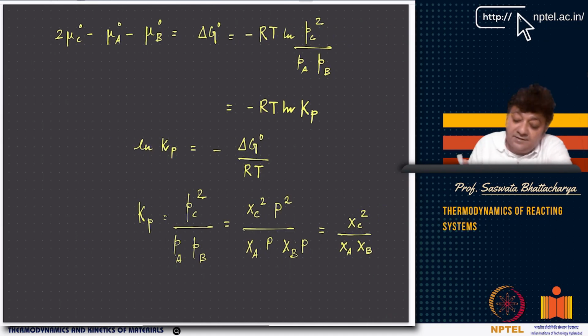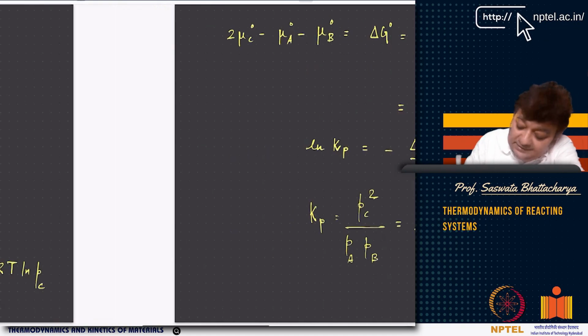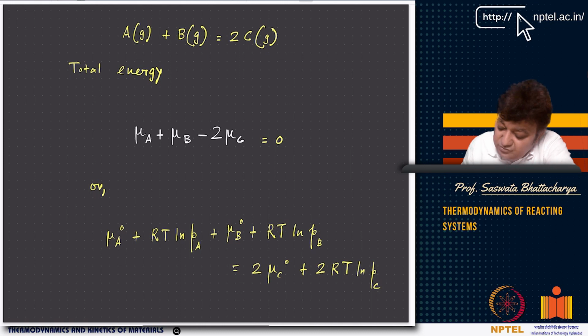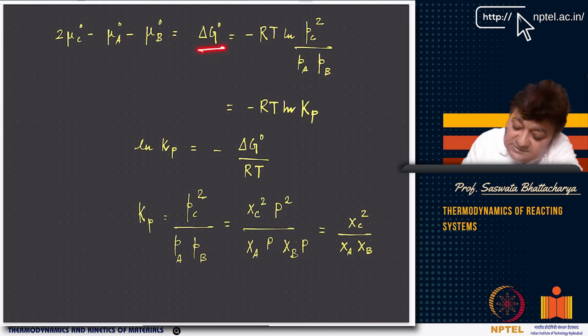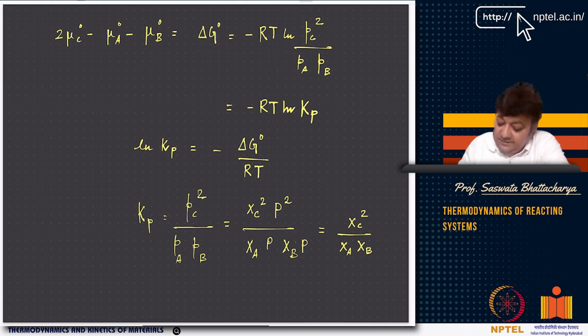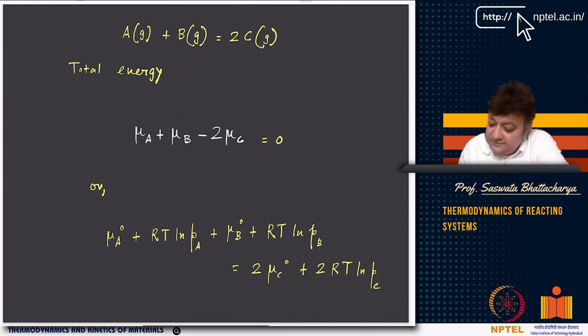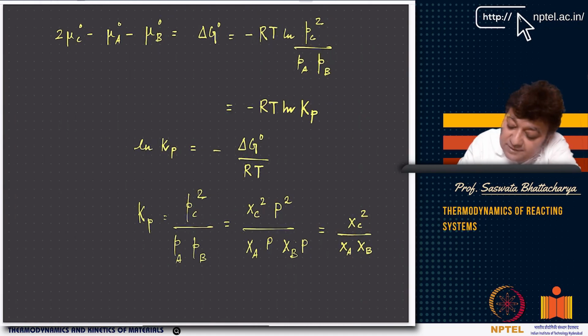Now if you look at that, the delta G0 is basically 2 mu C0 minus mu A0 minus mu B0, product minus reactant. If I do this little rearrangement, delta G0 is given by minus RT ln of PC squared over PA PB. You see, the product is in the numerator.